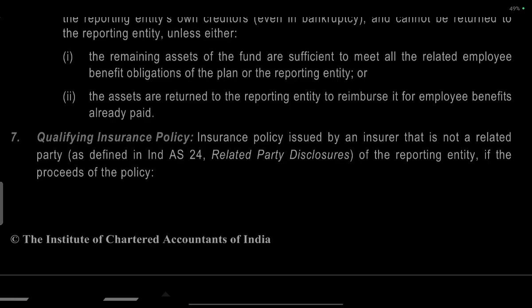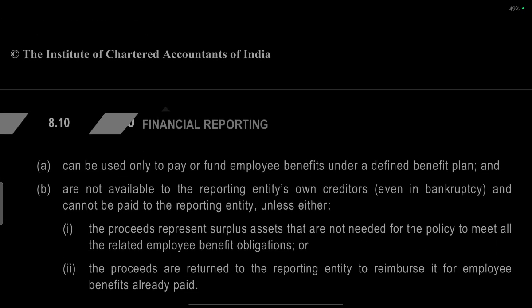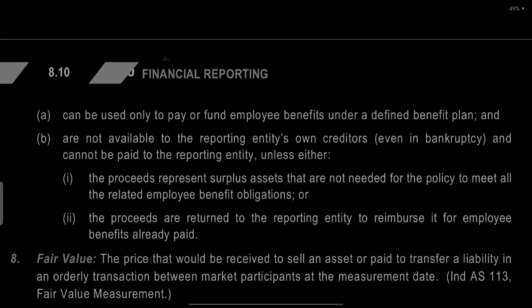Qualifying insurance policy. This is an insurance policy issued by an insurer that is not a related party, as defined in Ind AS 24 Related Party Disclosures, of the reporting entity, if the proceeds of the policy can be used only to pay or fund employee benefits under a defined benefit plan.